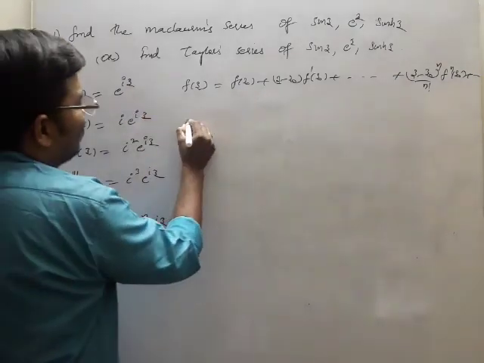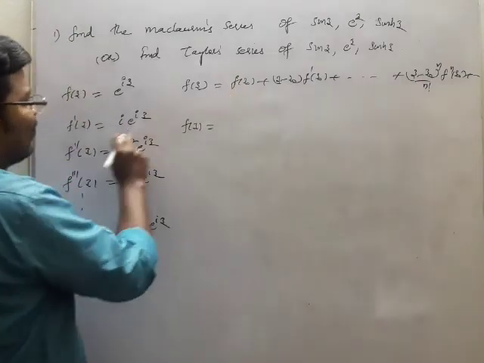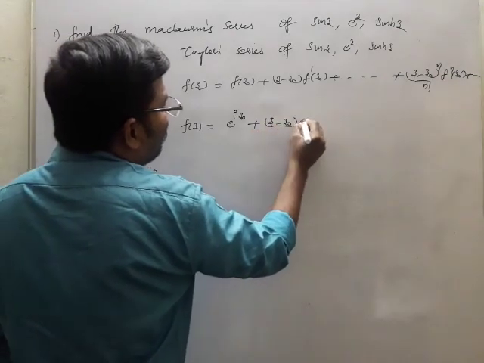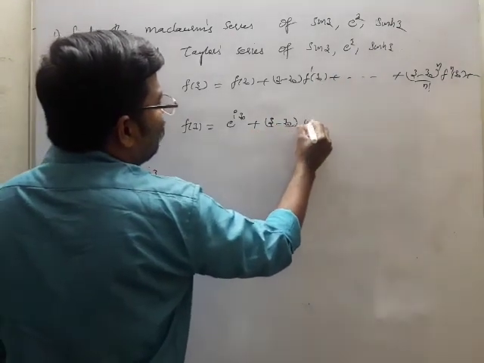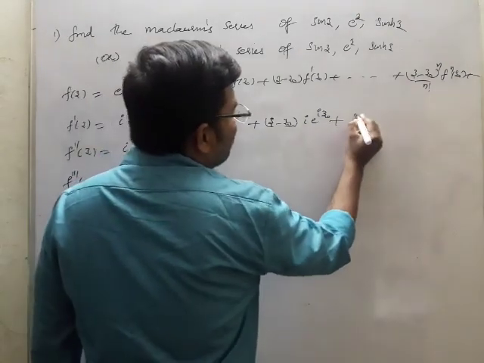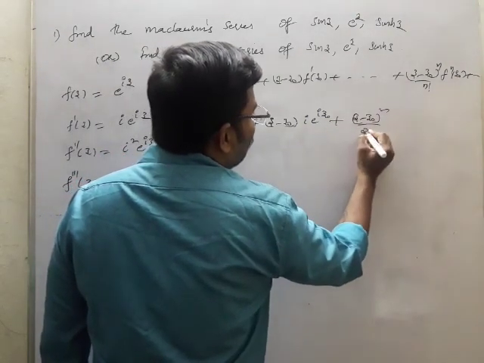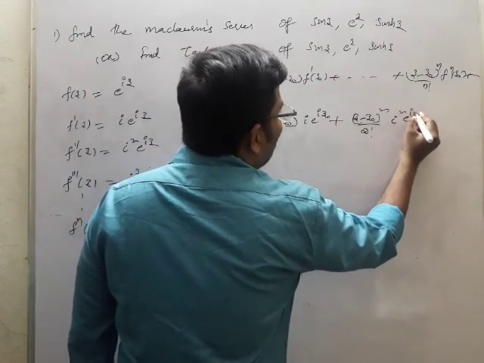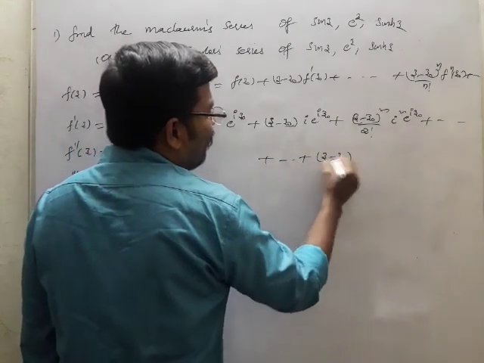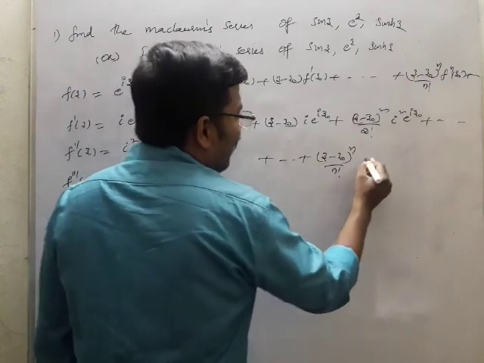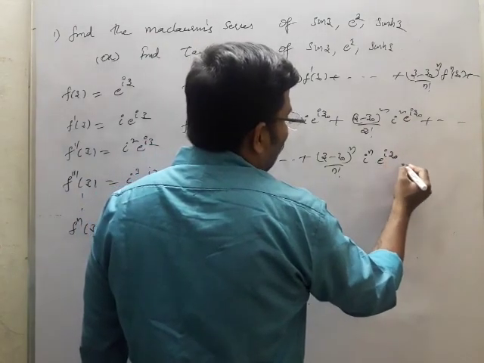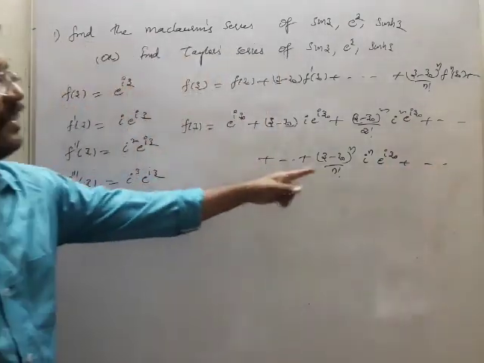Substituting, f(z) equals e^(iz₀) plus (z − z₀) · i · e^(iz₀), plus (z − z₀)²/2! · i² · e^(iz₀) plus and so on, plus (z − z₀)ⁿ/n! · iⁿ e^(iz₀) plus and so on. You can understand all the values which we have substituted.